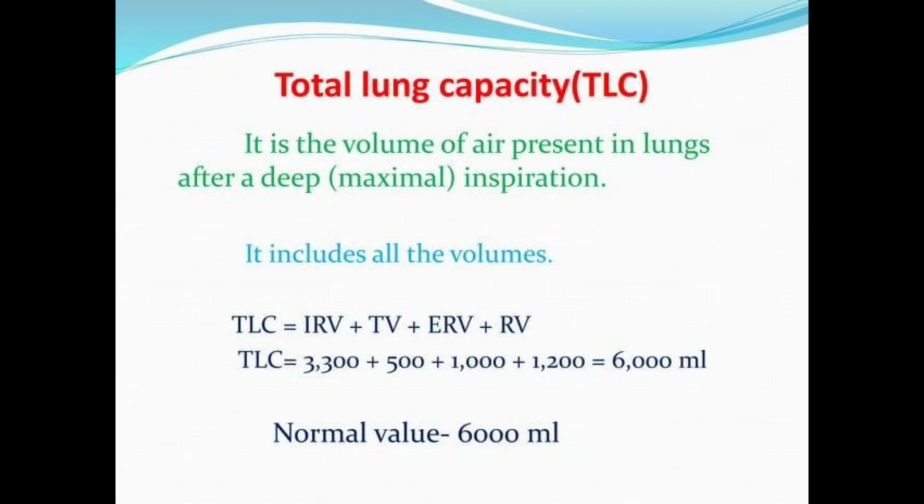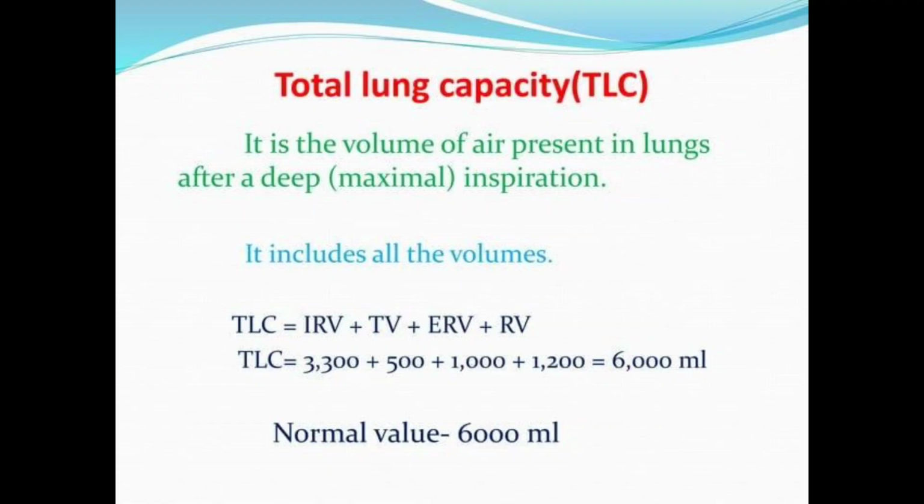So this is the total lung capacity: inspiratory reserve volume 3300, tidal volume 500, expiratory reserve volume 1000 and residual volume 1200. The total is 6000 ml. So this is the normal value of the total lung capacity.